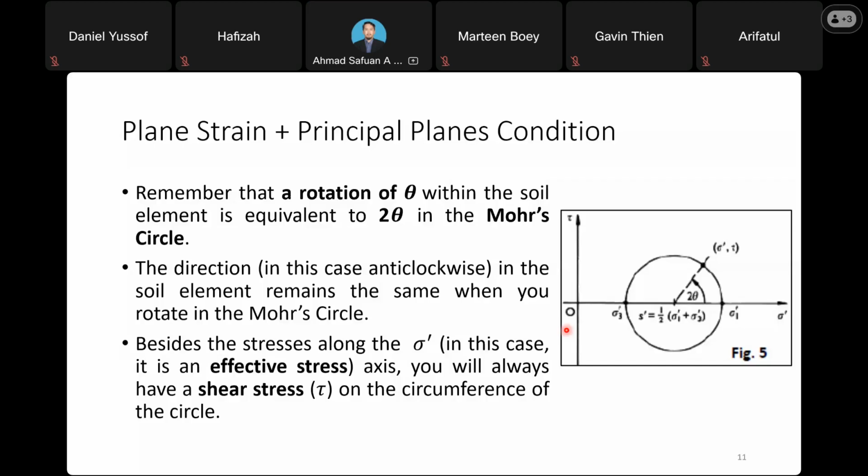So we include the x axis, the y axis, and the effective stress on the x axis. Why do we choose to use the effective stress to relate with tau? Because the effective stress only considers the stress that happens inside the soil body.